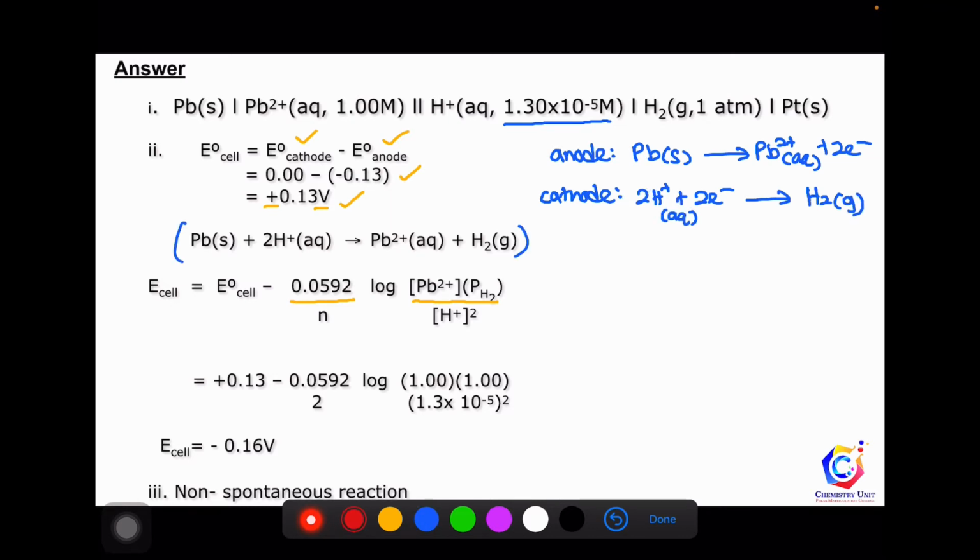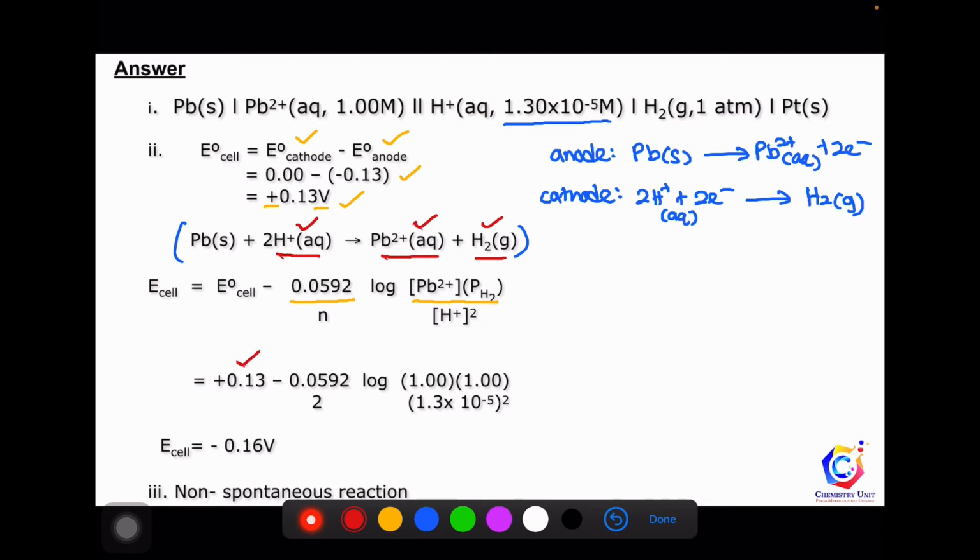From the chemical equation, you should be able to identify the products and reactant that will be used in the Nernst equation. Do recall that only the aqueous and the gaseous state reactants or products will be used in this Nernst equation. So let's substitute in the corresponding values.